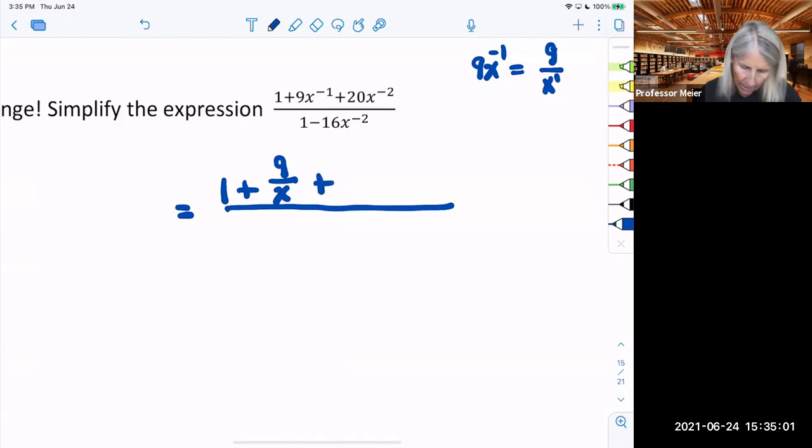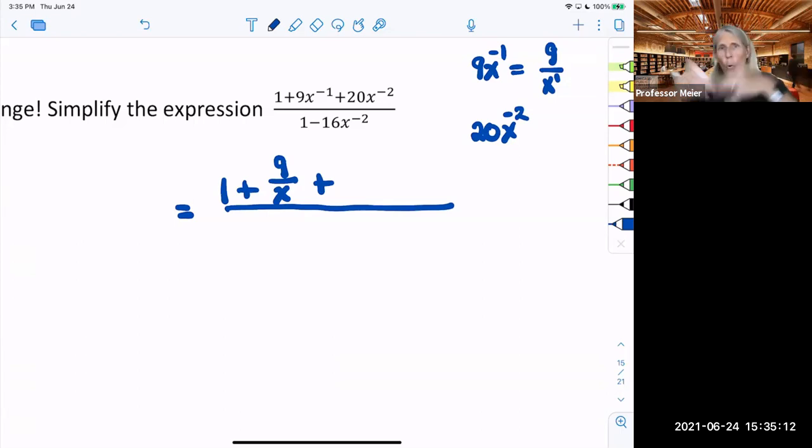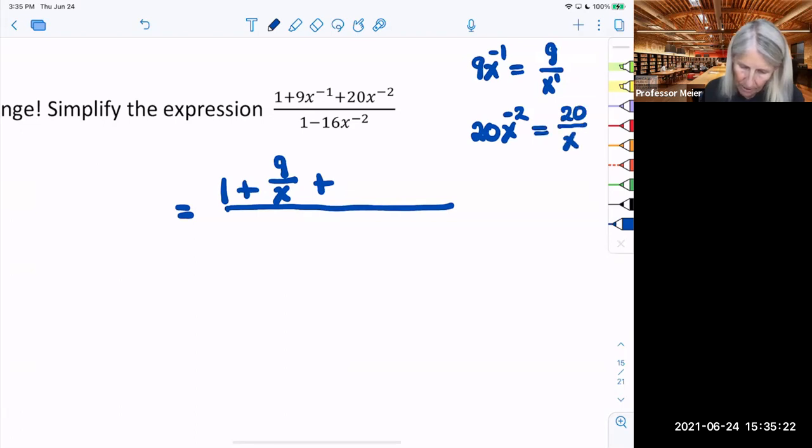Plus, now this term with the 20, we have 20x to the negative 2. If we want to make the x to the negative 2 positive, we flip it underneath the 20. Not under the whole fraction, because see, the x to the negative 2 just belongs to the 20. So cleaning this term up would change it to 20 over x to the positive 2.